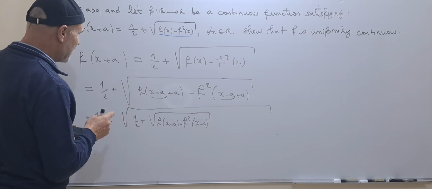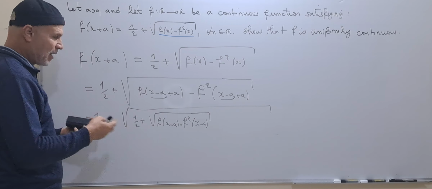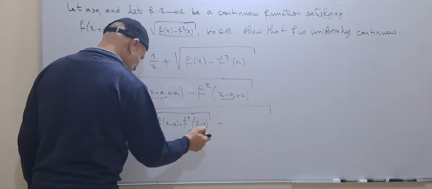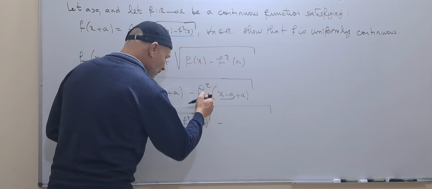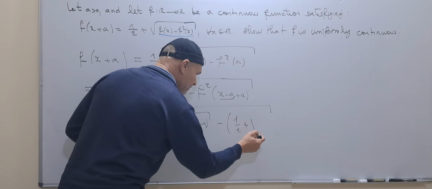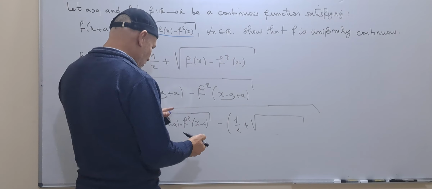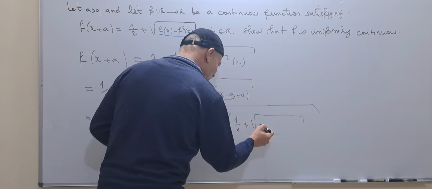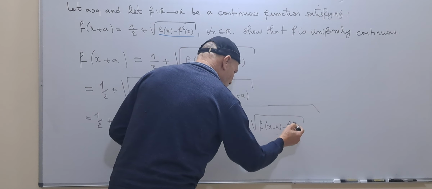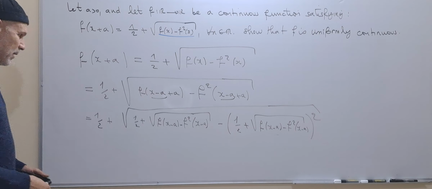Here, don't forget that x and x plus a belong to R, so we have no problem if we subtract or if we add. Minus f square, this means that 1/2 plus the square root of f of x minus a minus f square of x minus a, and all this is taken to the power of two.